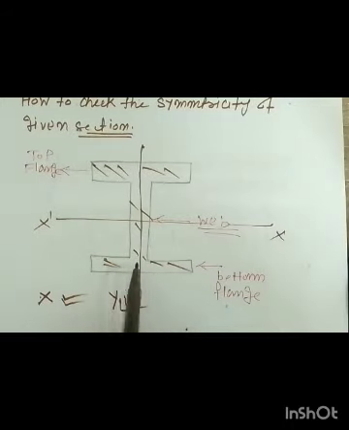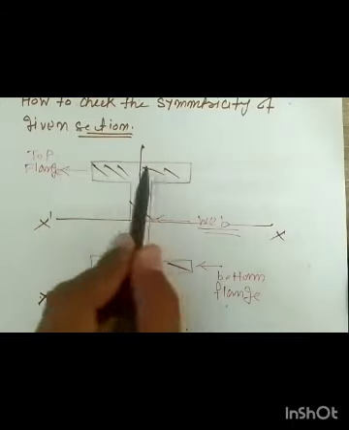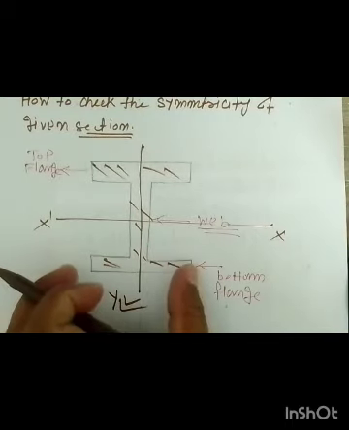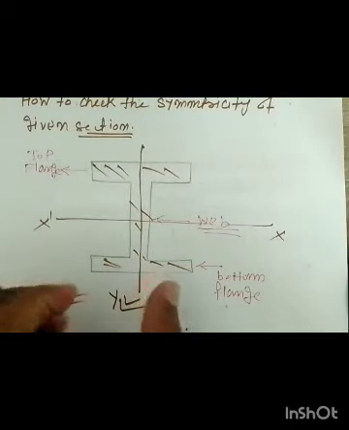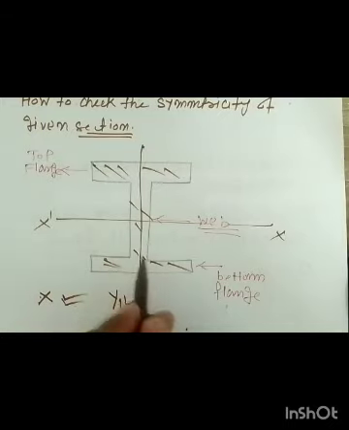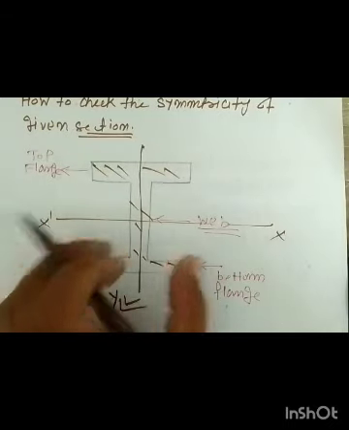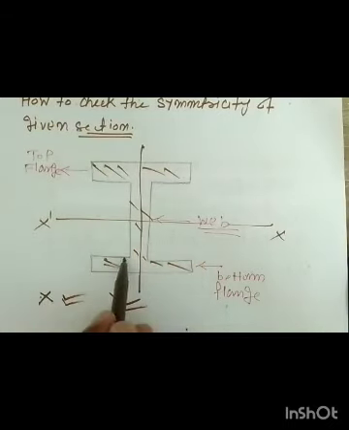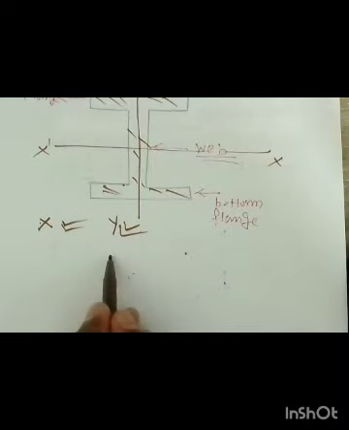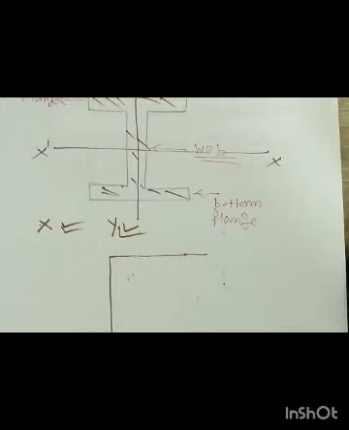The dimensions will decide. See here, the top flange and the bottom flange have equal dimensions. It means the material in this section is distributed uniformly at the bottom and at the top.